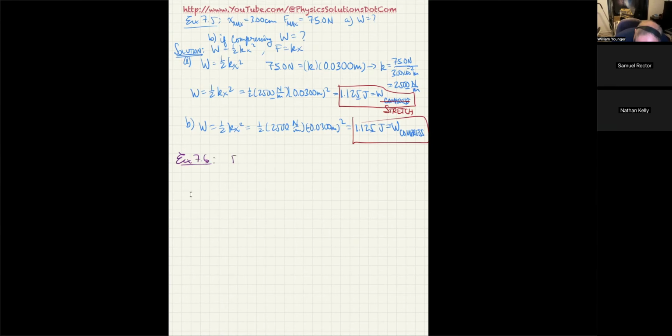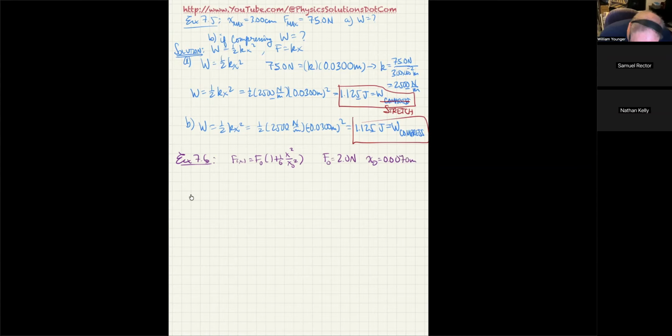Basically, what we're given is f of x equals f0 times 1 plus x squared over 6 times x0 squared. We're told that f0 is 2.0 newtons, and x0 is equal to 0.0070 meters.